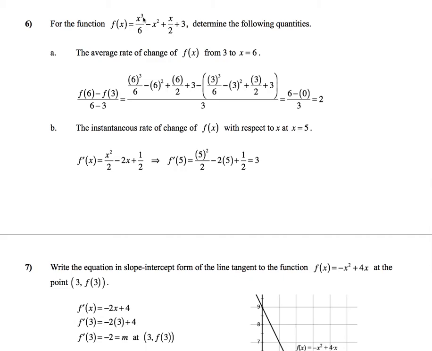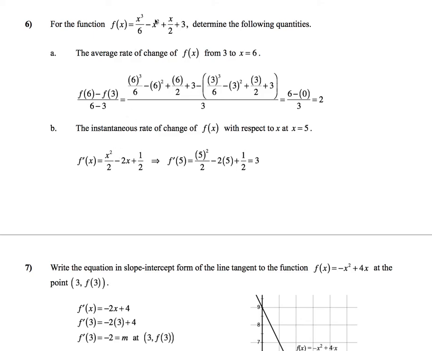You take the 3 and bring it around front, and that'll be a 3 in the numerator and a 6 in the denominator, and the 3's cancel, and so that leaves x squared over 2.